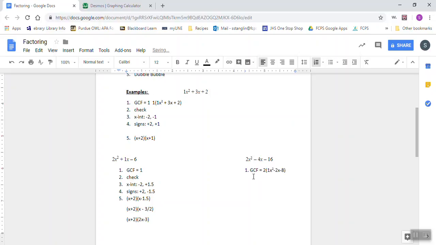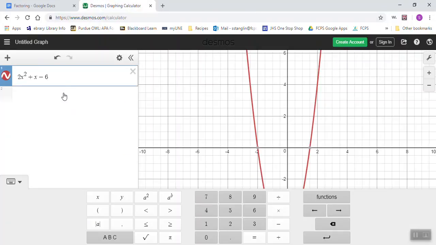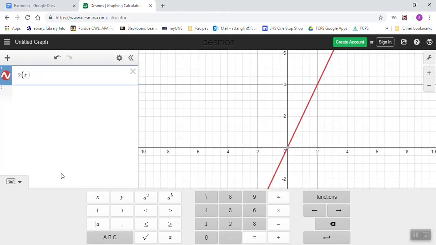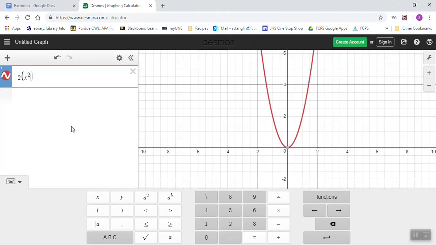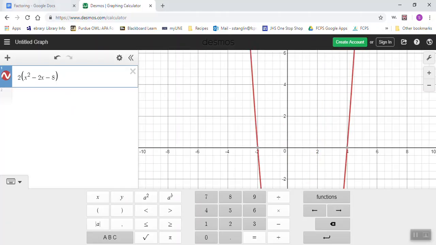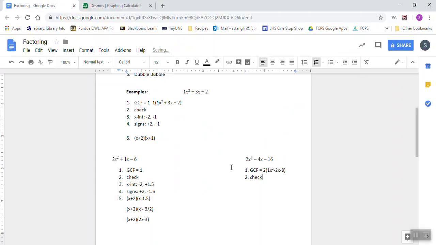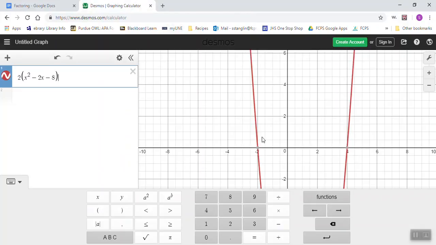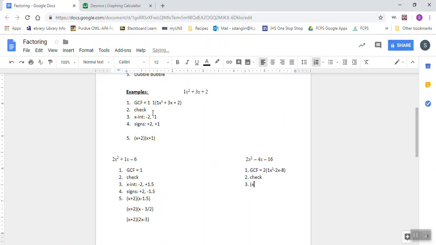Alright, so now I'm going to put this whole expression into my decimals. Okay, so then that's step 2. So we did that. Step 3 is to find the x-intercepts. So my x-intercepts are -2 and +4.